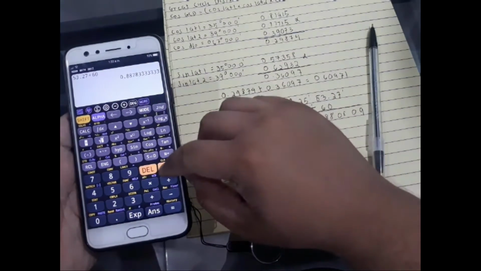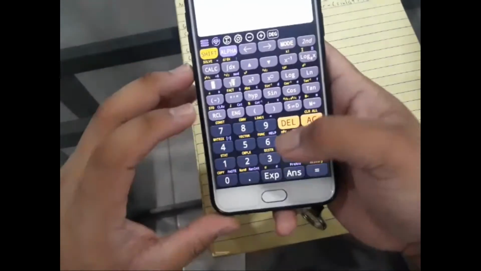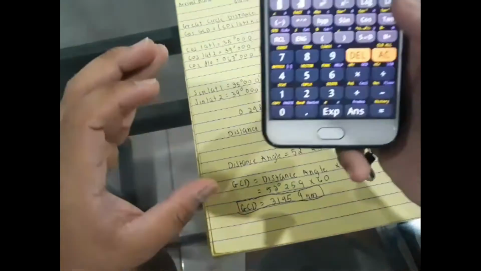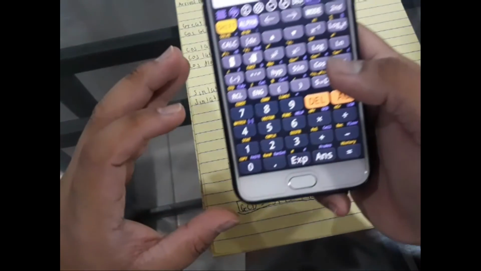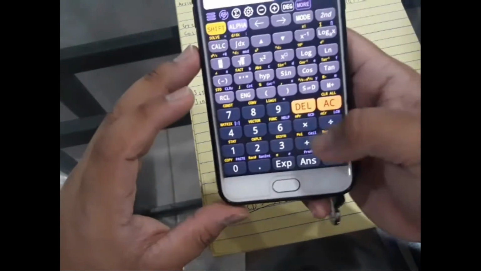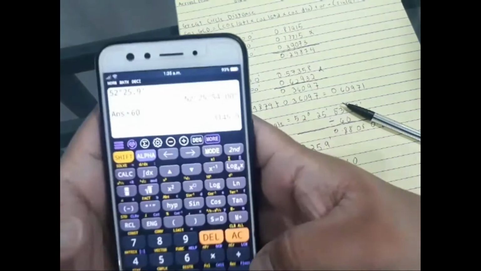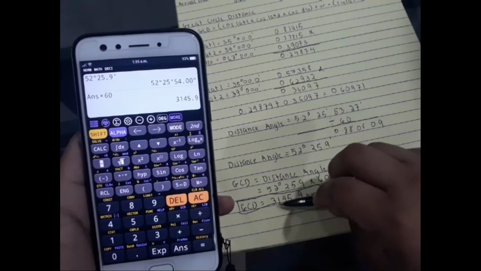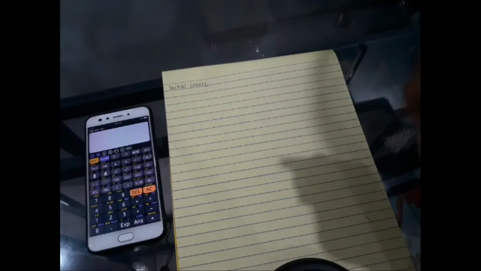So to create a great circle, distance is 52 degrees and 25.9 minutes times 60. So that's the answer, 3,145.9 nautical miles. So now we shall get the initial course.